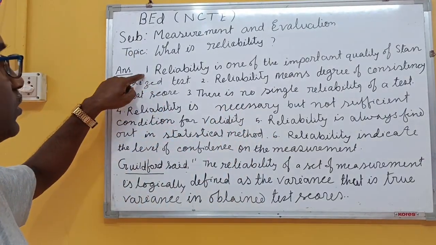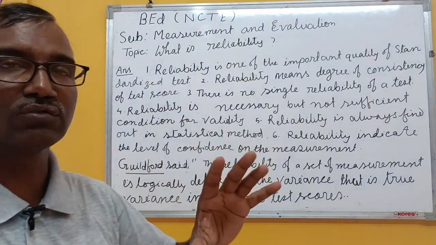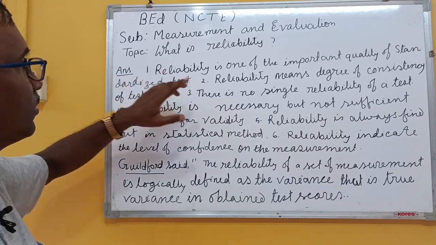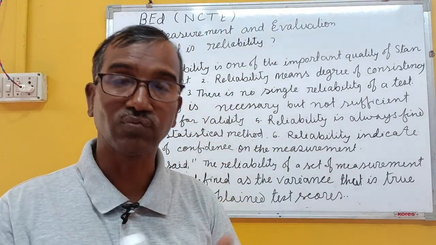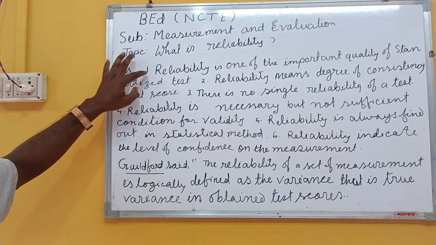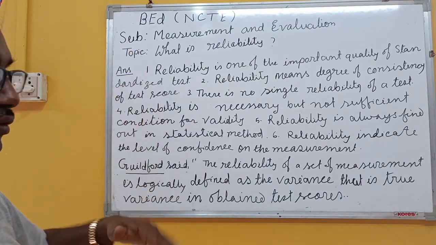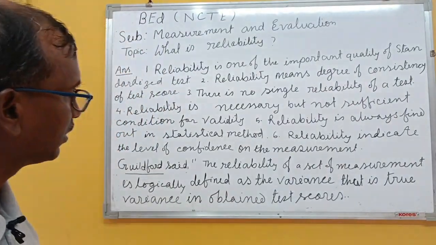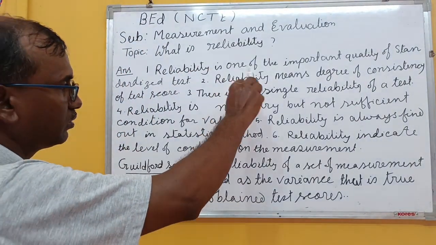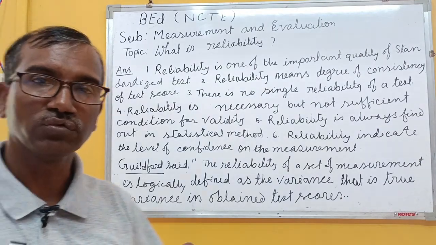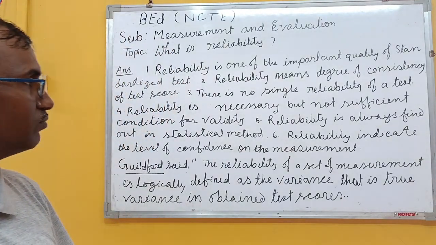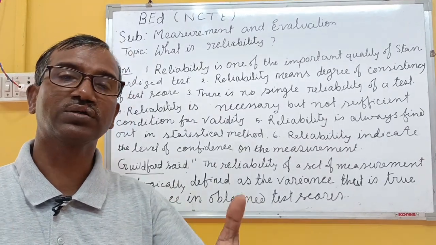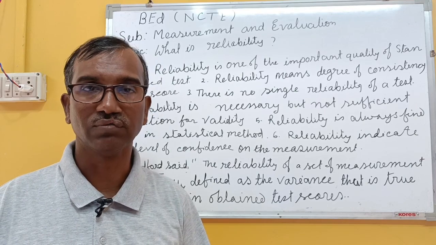If you remove all the numbers, it will be a paragraph. If you keep this point, it will be just one point. If you write one after another, number 1, number 2, it will be the characteristics of reliability. So you can utilize all these points, all these lines, to discuss the concept of reliability, the characteristics of reliability, and the importance of reliability.